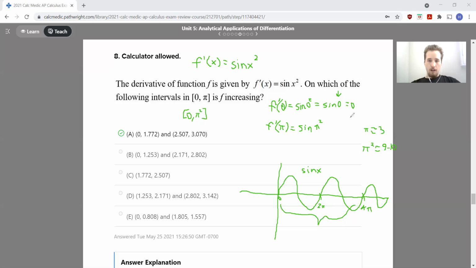So on which of the following intervals is f increasing? Well, f is increasing from 0 to pi here, because it's positive. It's negative from here to here. I'll put the positives in blue. So it's positive from here to here. It's positive from 2 pi to 3 pi.